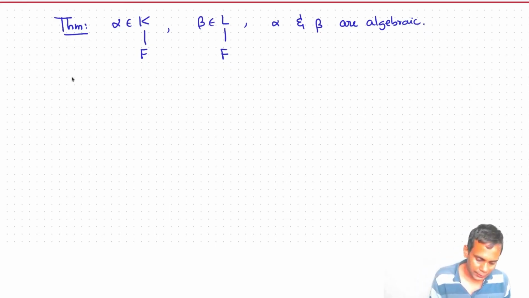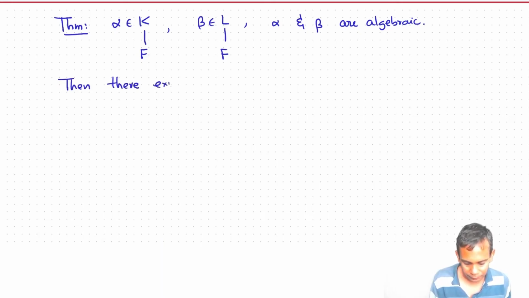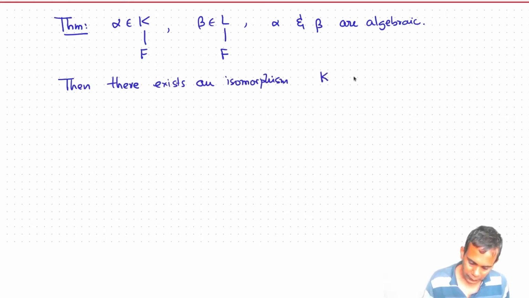Okay, so the statement is that there exists an isomorphism phi from K to L. So I'm going to draw it like this.